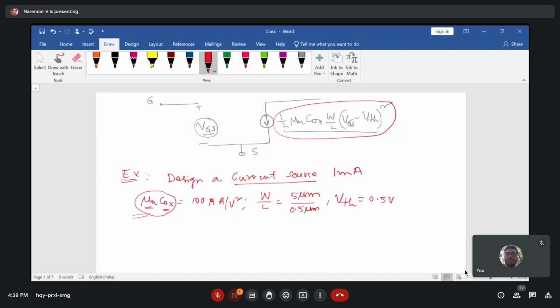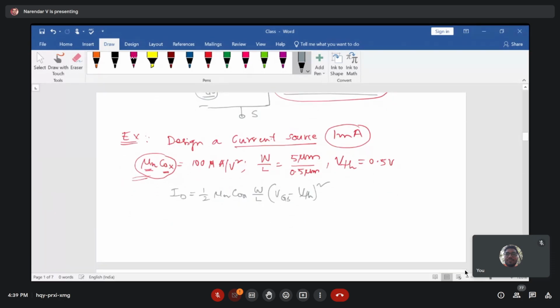Now we need to make the current ID equal to 1 milliampere. We are aware of the expression of ID, which is half mu n COX W by L (VGS minus VTH) whole square. Now you are aware of the parameters. ID is given as 1 milliampere.